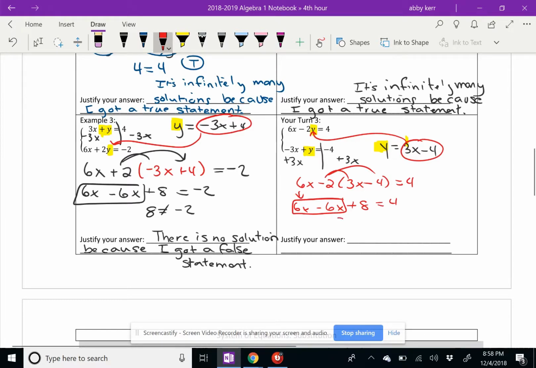The 6x's go away. We're left with 8 equals 4, which cannot happen. So once again, it's no solution, because I got a false statement.